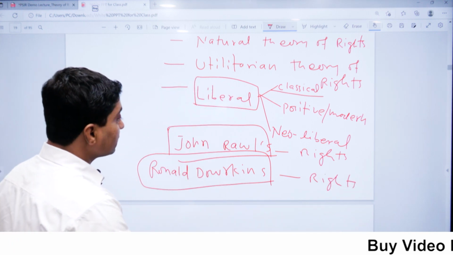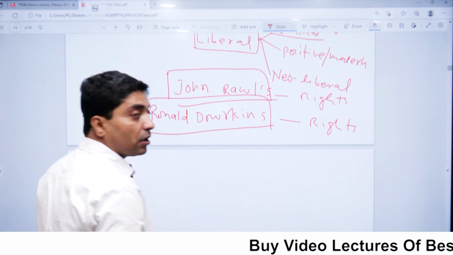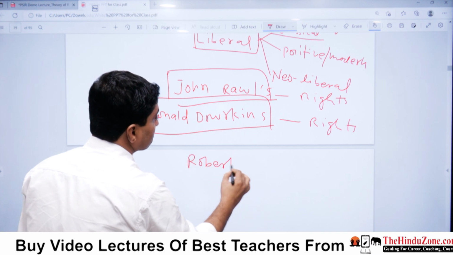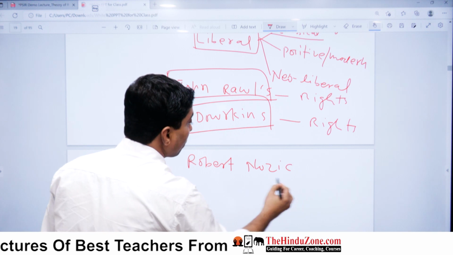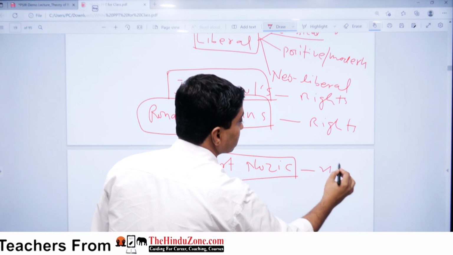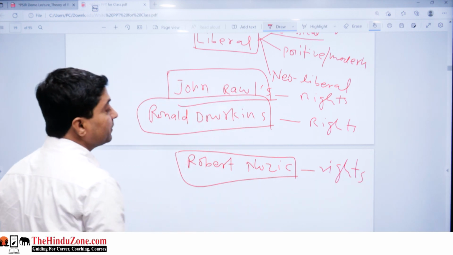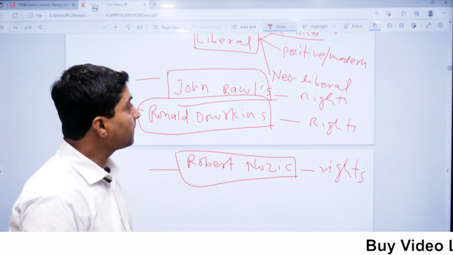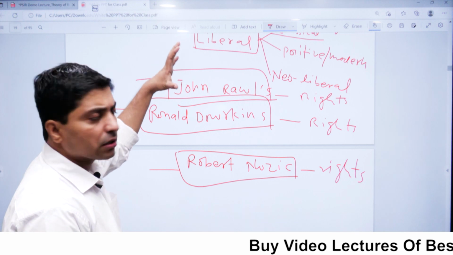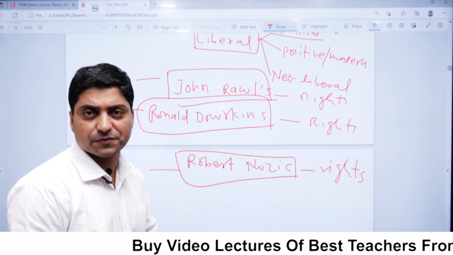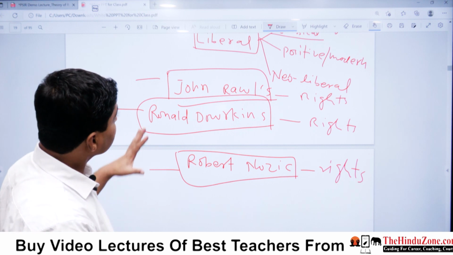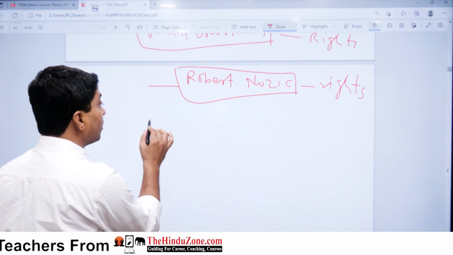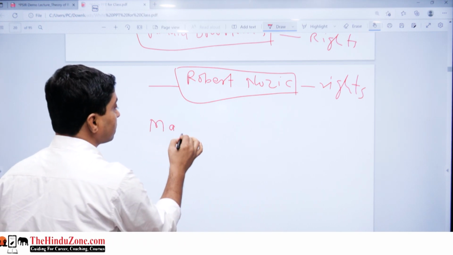And then Robert Nozick, what Robert Nozick talks about rights. So there are three influential people who have given different notions of rights, and all belong to the liberal tradition of political philosophy or political theory.